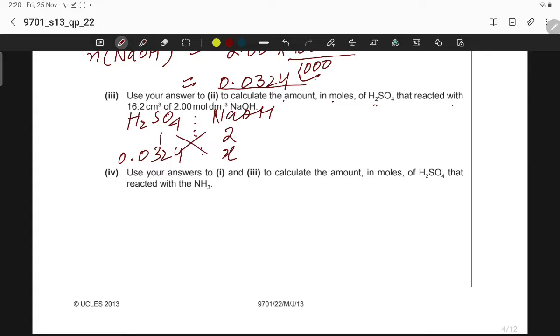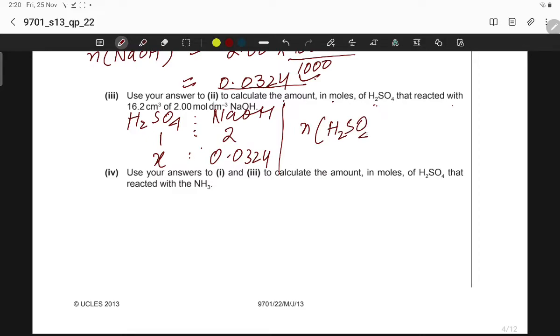By using cross multiply, the moles of sulfuric acid are equal to 0.0162.